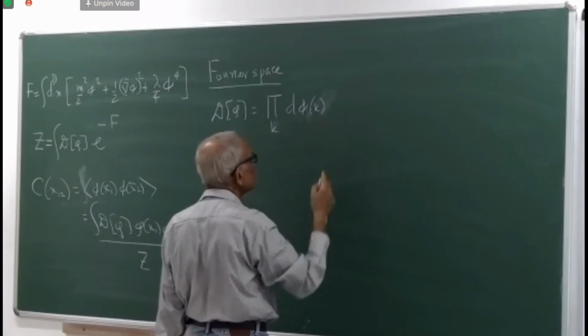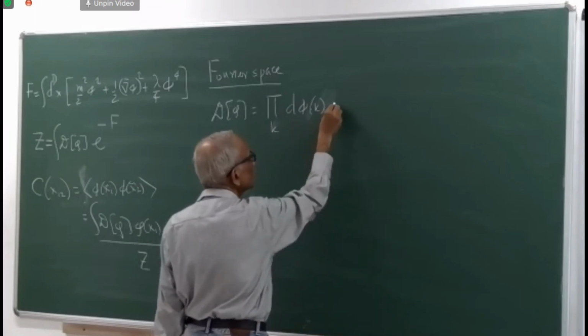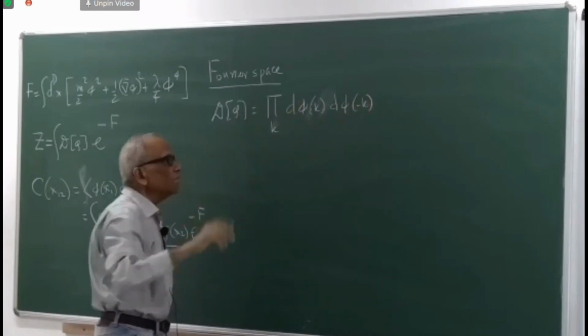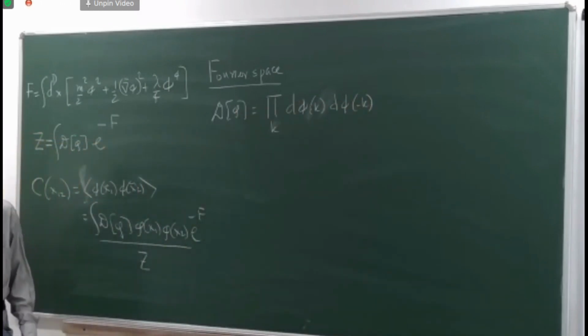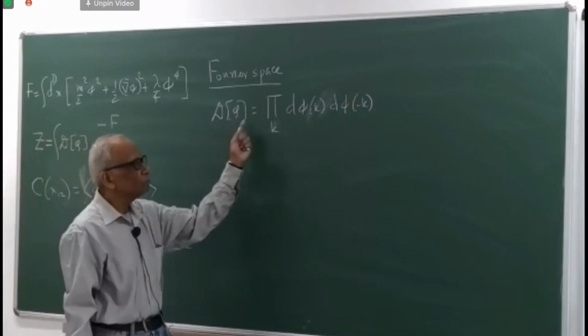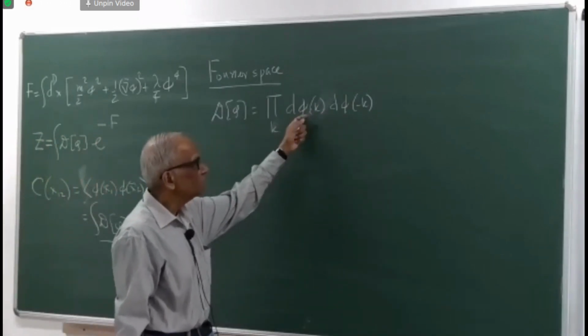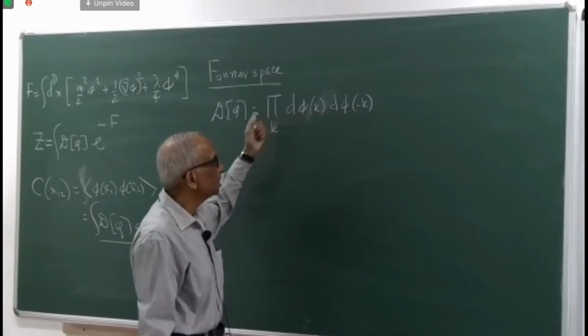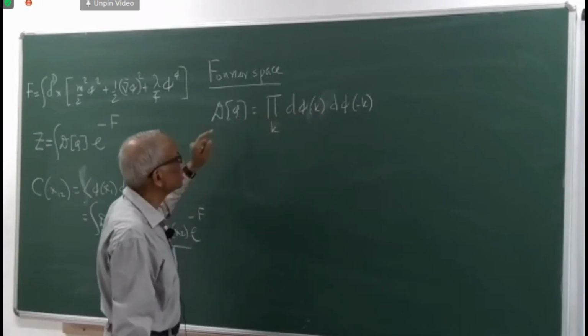So it's all possible values of k, and similarly with the minus k, and this is the measure.